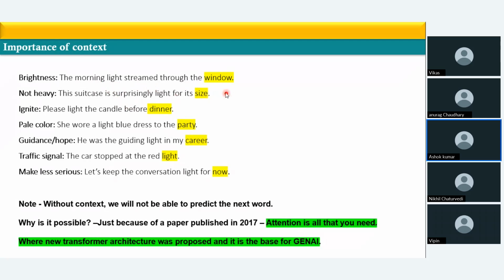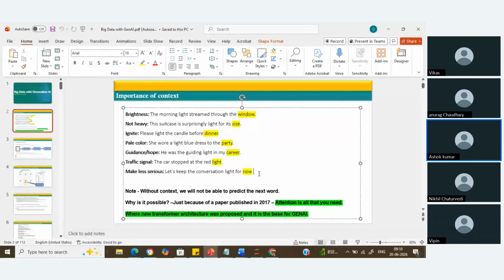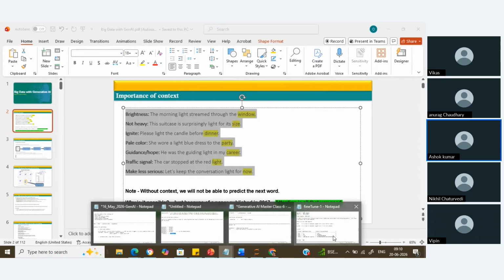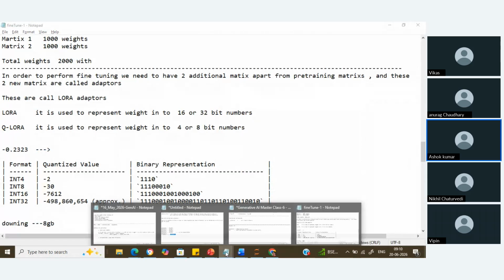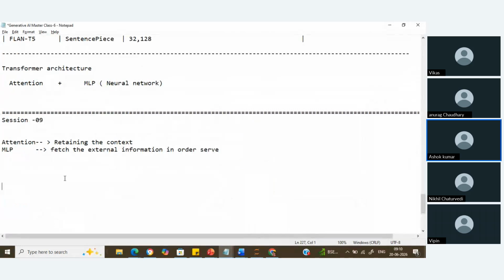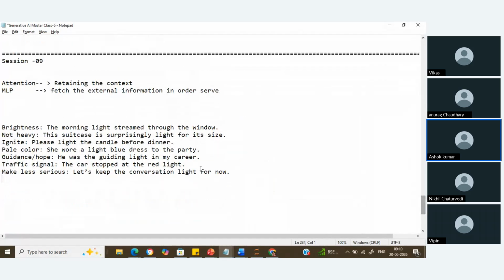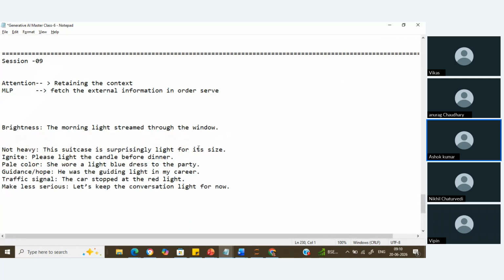I'm just going to copy and paste this, and then you will see more context. The main stuff I want to show is predicting the next word.